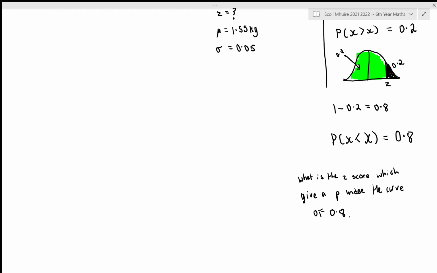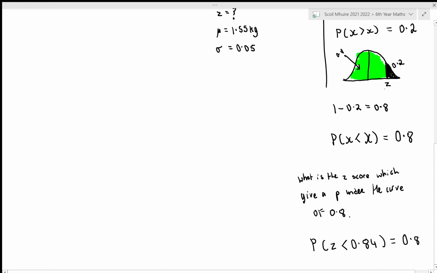You find the closest value to 0.8, always the closest one. The closest one here is reading for a z-score of 0.84. So the probability when z is less than 0.84 is equal to 0.8.